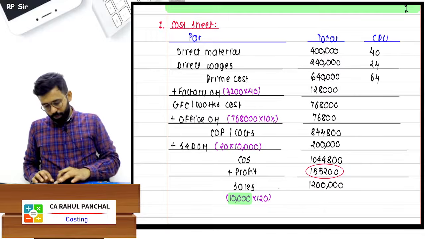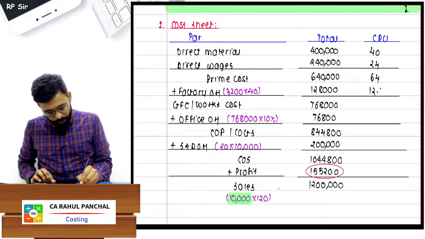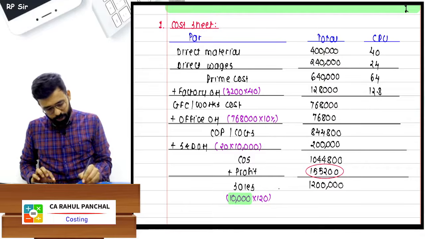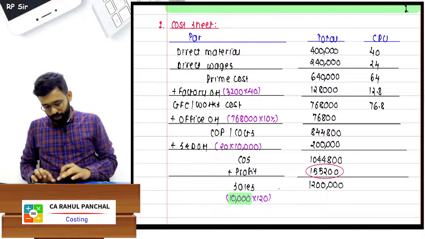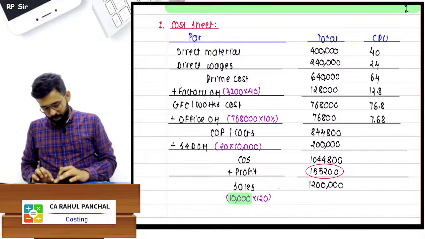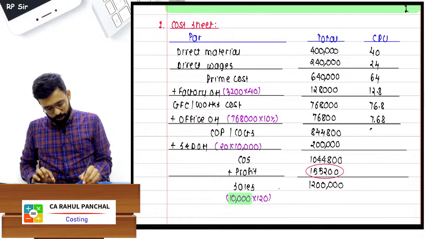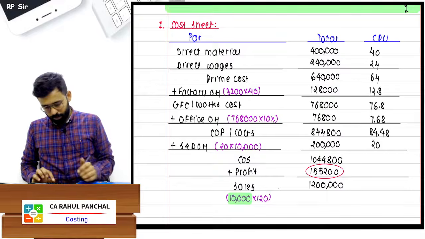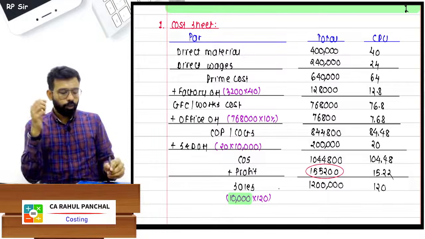So I will have to divide by this one, like 1,28,000, so it will be 12.8, 7,68,000, that will be 76.8, 7.68, please write down 8,44,800, 84.48, 2 lakh, which is 20, 104.48, 120. So that is how your format will be.